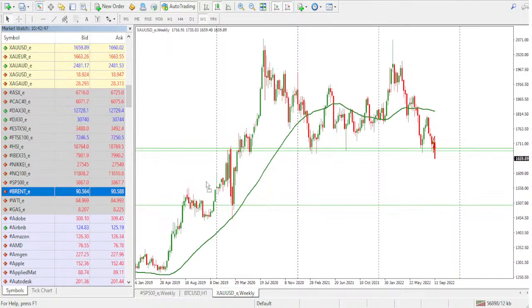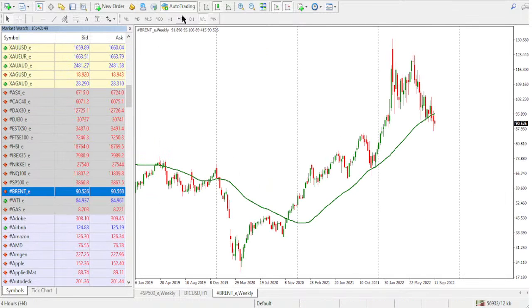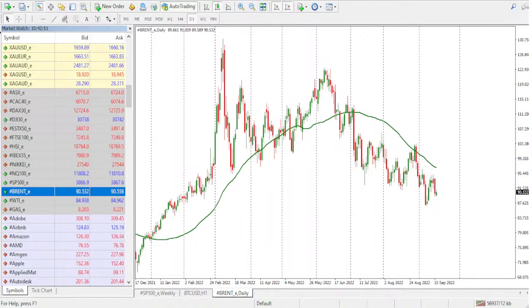The next instrument, we have the Brent oil. This looks like the price is into a sell. We are having a descending expanding wedge formation. We had this. If the price comes down up to this point, this may give us a good place to look for a buy from.